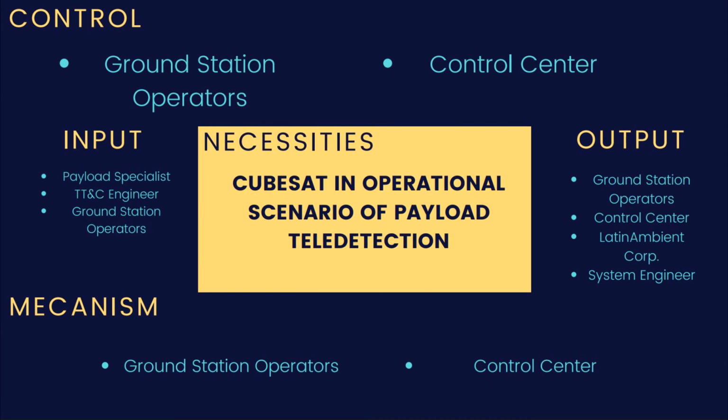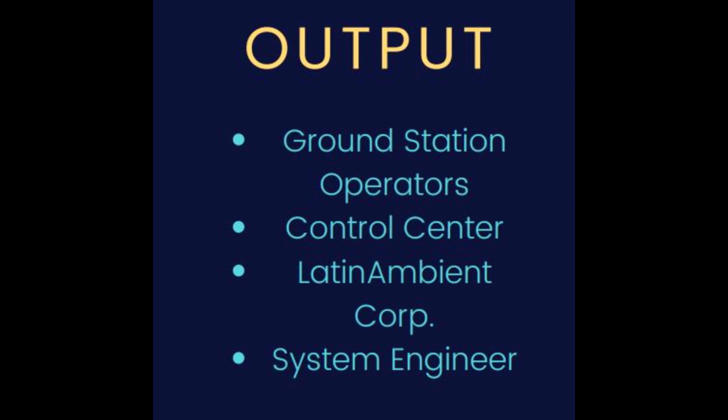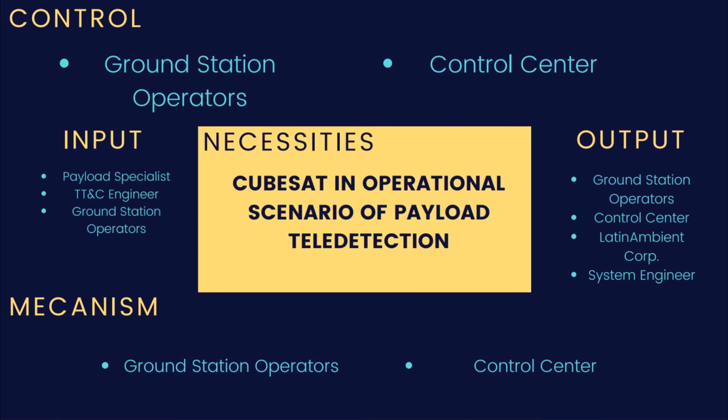That input can give us an output of information and data for our customer Latin Ambient Corp, and also to the ground station operators, control center, and system engineer for other technical or operational issues.